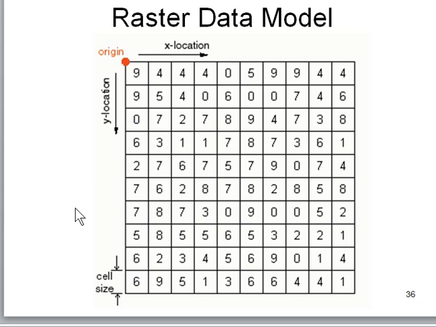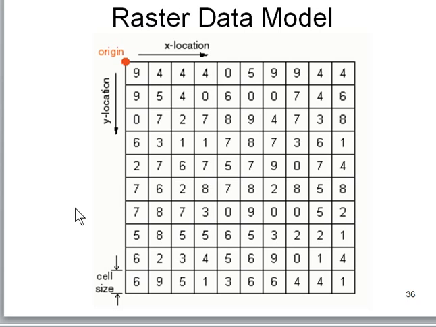So each of these grid cells has a number in it, and that number could stand for, probably not elevation because the number is pretty small, but you could be looking at a very detailed map of a small area, and there's not much elevation change. But let's say this grid is 10 meters by 10 meters.